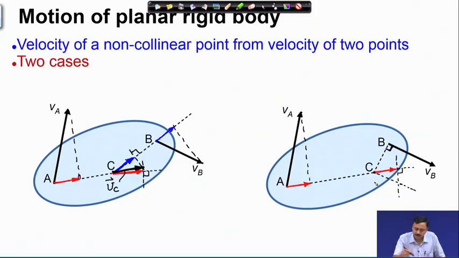So, therefore, my velocity of point C must be this. As you can very easily realize, VC has a projection of this red vector along AC and VC has 0 projection along CB. So, this must be the velocity of point C.